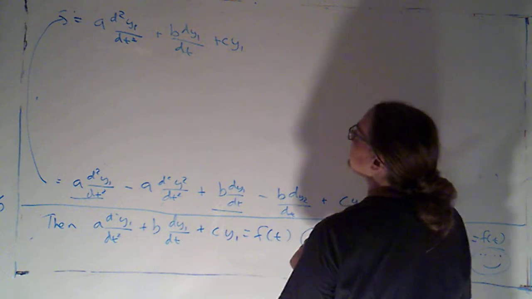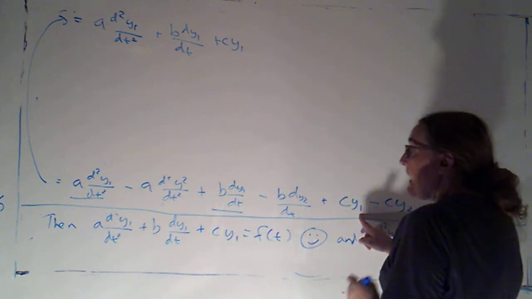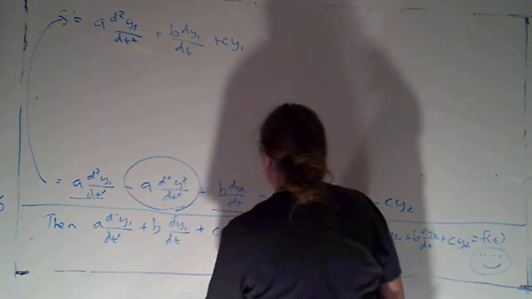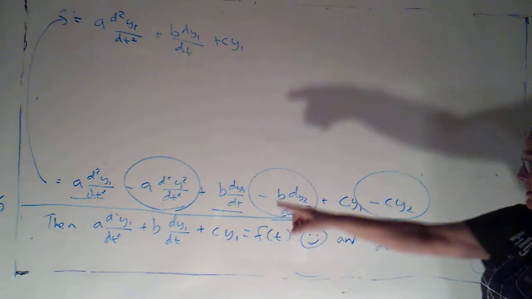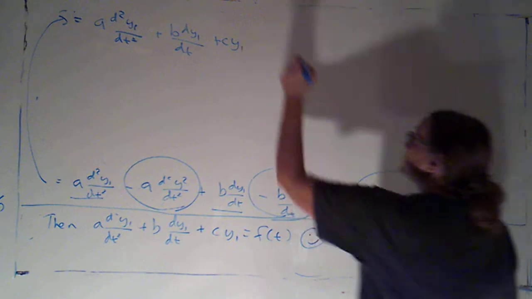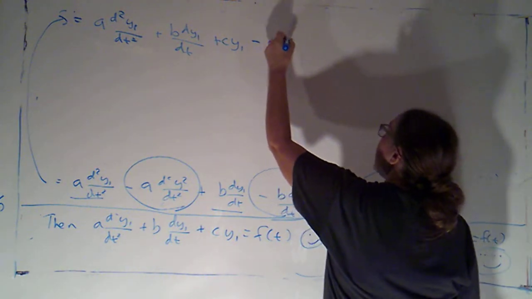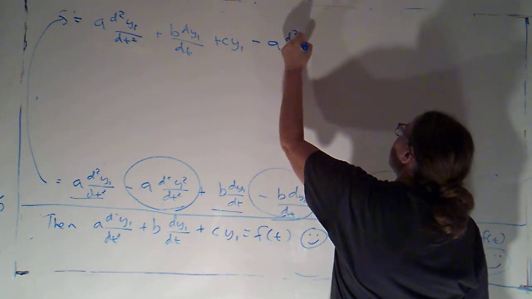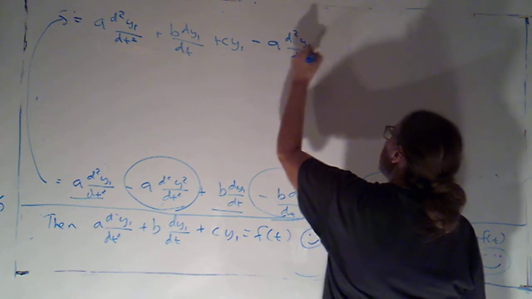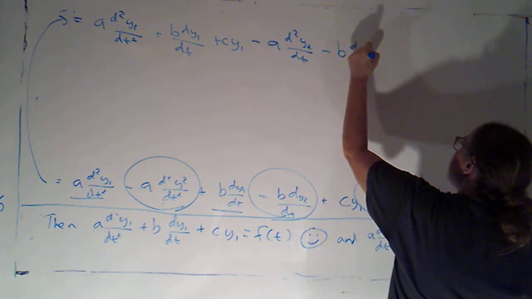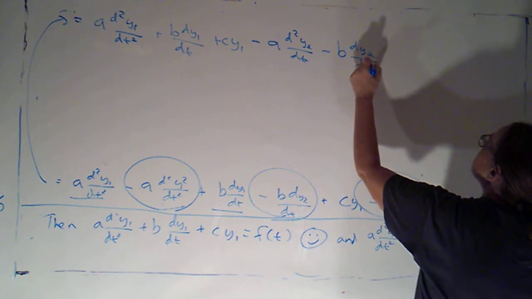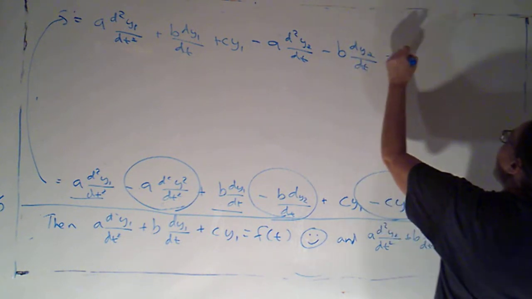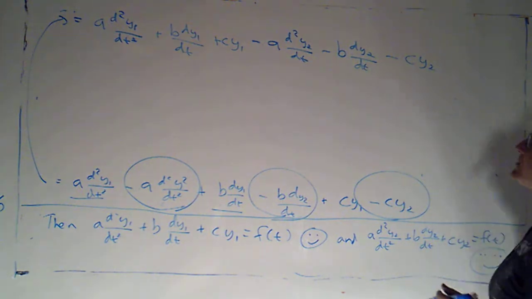And then what's left is all of these terms that have a y2 in them. And notice they all have a negative sign in front. So we'll have minus a times the second derivative of y2, minus b times the first derivative of y2, minus c times y2.